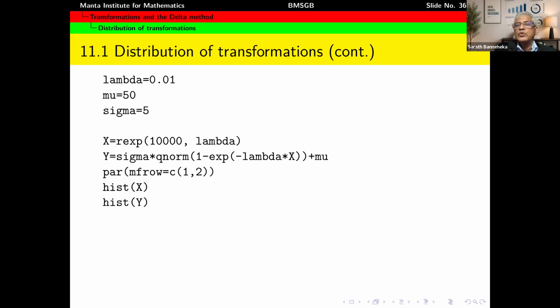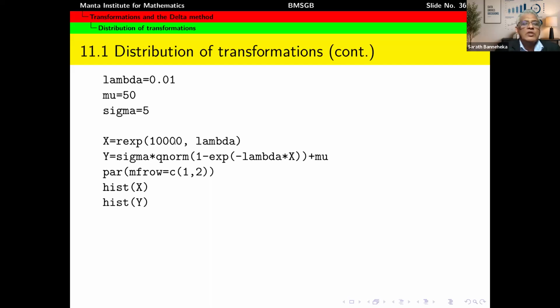And then finally, I want to convert all those observations into normal data with mean, say, 50 and standard deviation 5. Because I want to draw a histogram and get the shape nicely, I will consider a large number of observations. Otherwise, the histogram will not look like the actual distribution if you generate only very few observations.